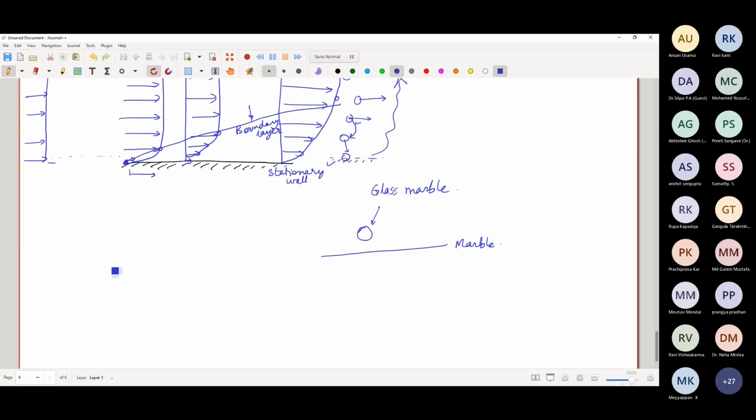Versus you play marble on mud. What is the difference between these two scenarios? Surface, but what is the physical manifestation of this? Friction is higher. Frictional force. The friction is changing.